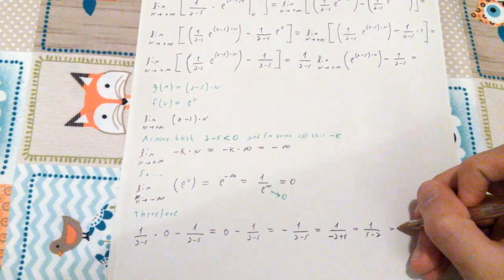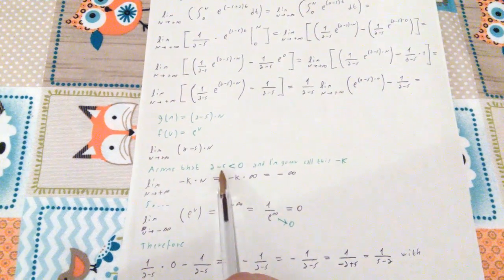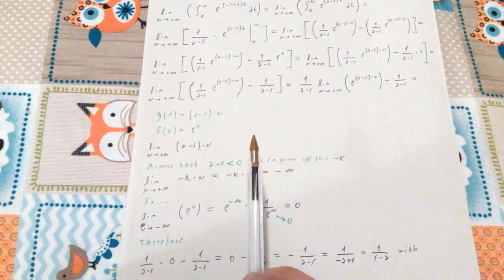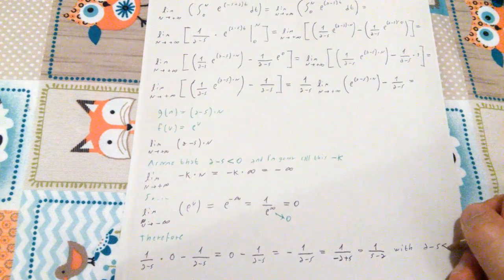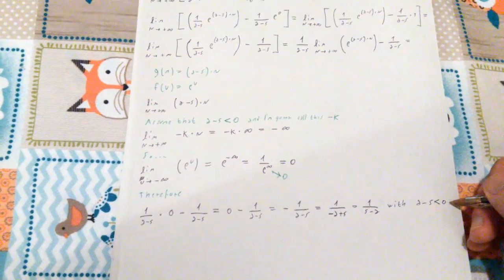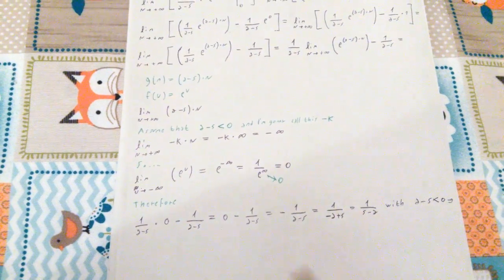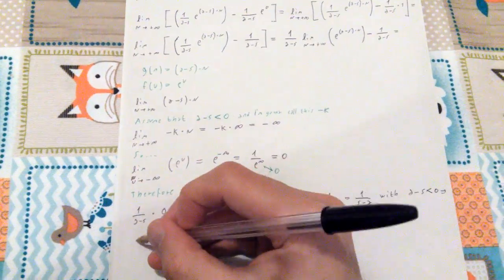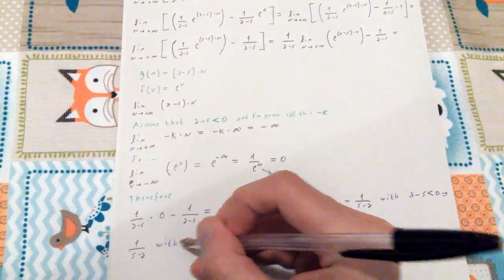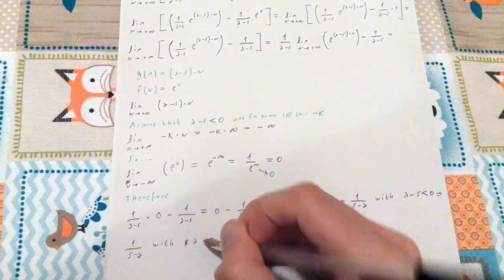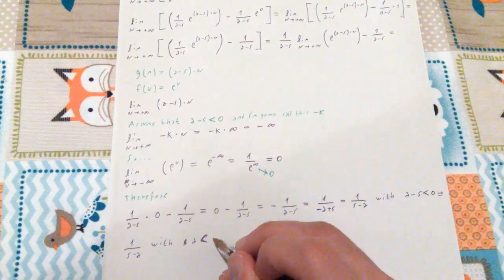But we've got to say with what we assumed. So with a minus s less than 0. If we want to, we can bring s here, which will be 1 over s minus a with a less than s.